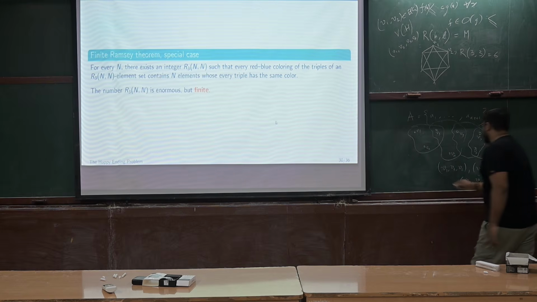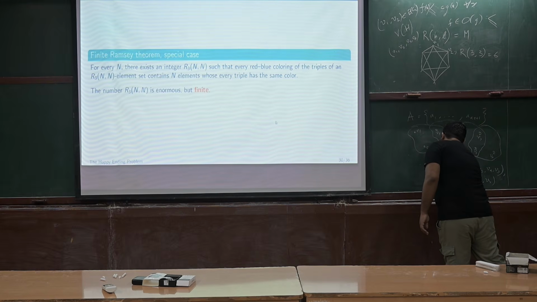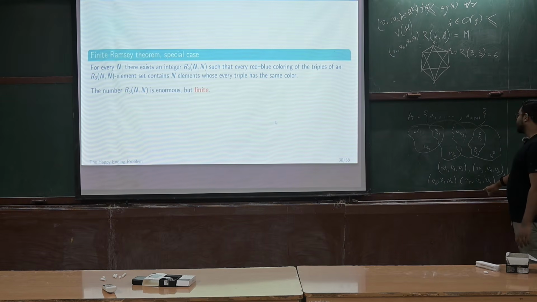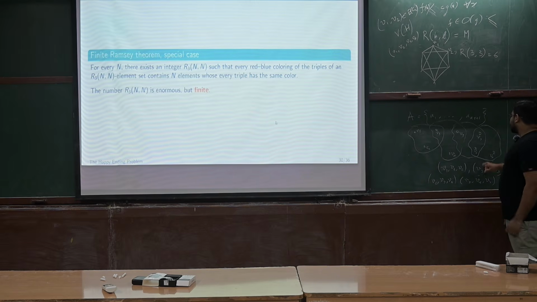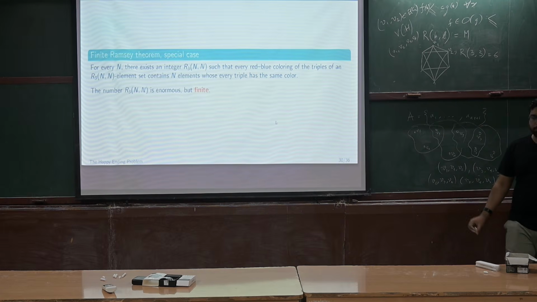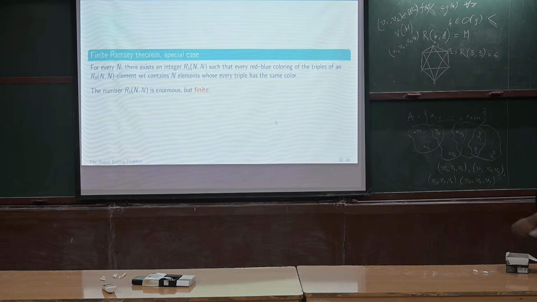Another one, v6, v7, v8. Coincidentally, it's all three vertices here, but you can have more than that. So this is a hypergraph. A vertex can belong to multiple hyperedges. It's just any unordered tuple.